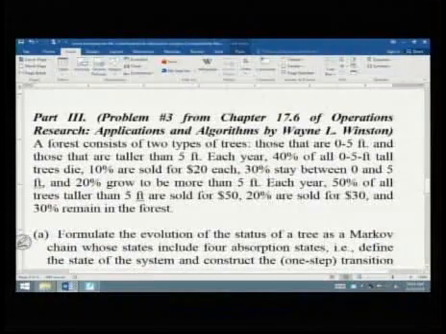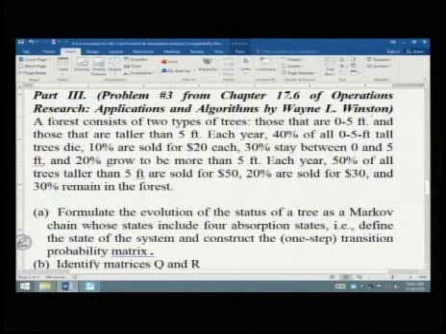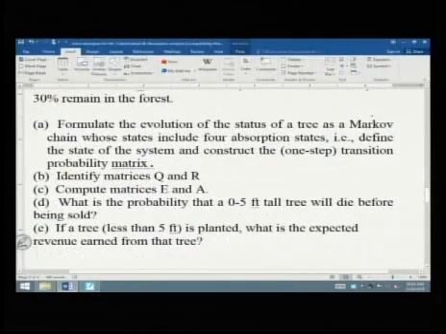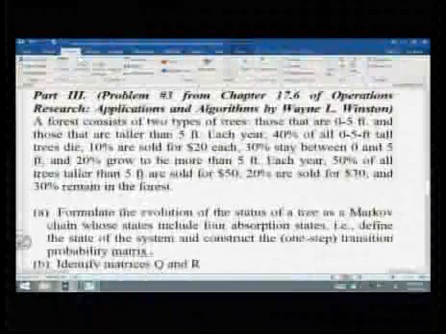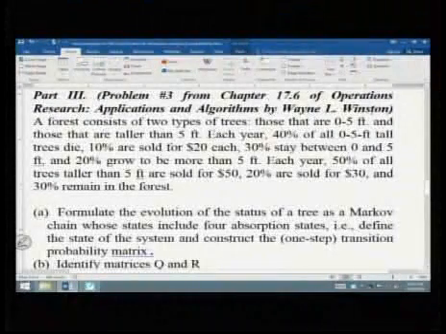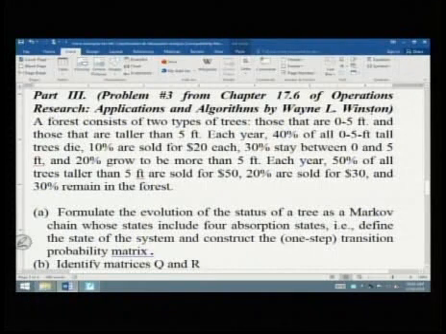Okay, now let's move on to the next question. Again, I've extracted this problem from Winston's operations research book, and I made a little bit of modification.